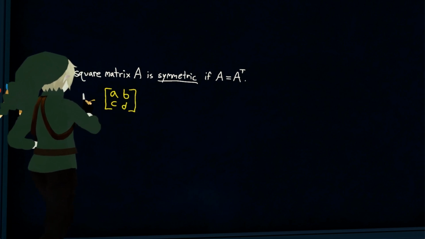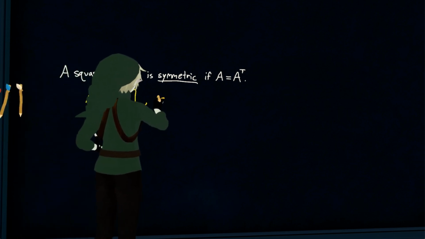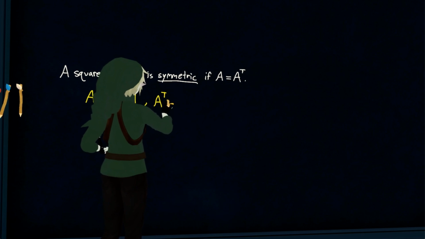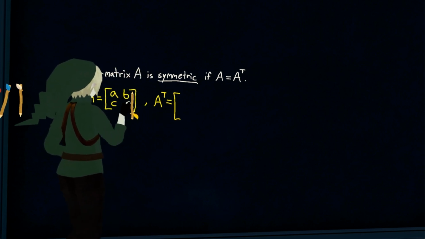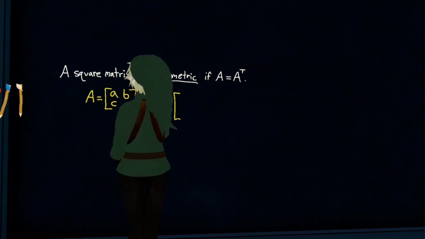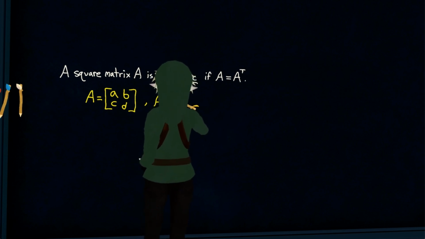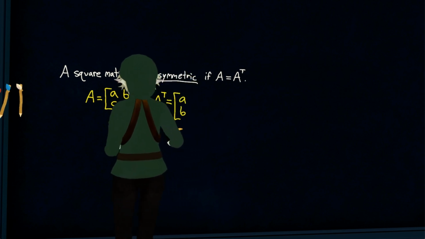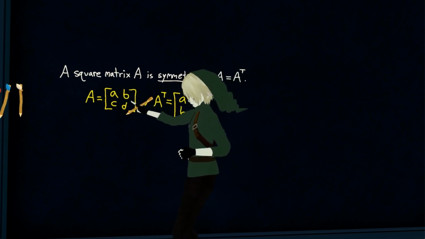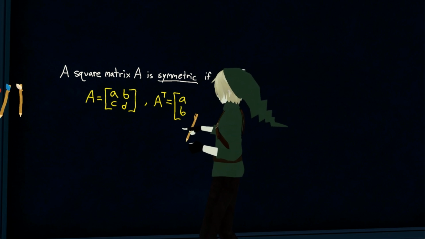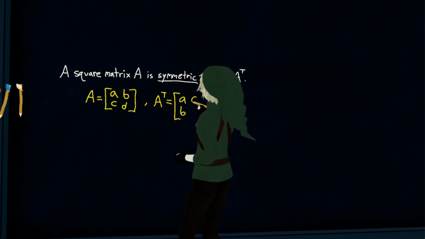So if this is A, then the transpose of A is going to swap. AB, a row here, becomes our column, and then CD here becomes our column right here.